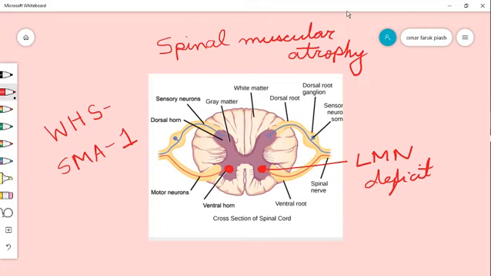What you have to remember here, as there is lower motor neuron type of deficit, are three things: floppy baby, fasciculations, and flaccid paralysis.